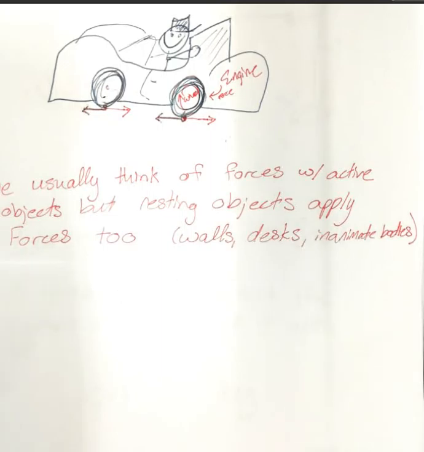Think of a situation we've talked about: I can apply a force to a wall and I don't see the wall accelerate. One of the reasons for that is that there's more going on than just your force when we talk about the net force of a wall or a desk.